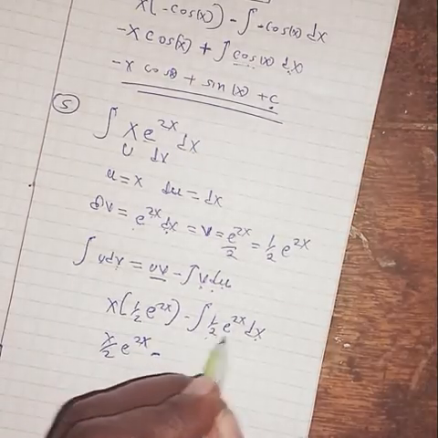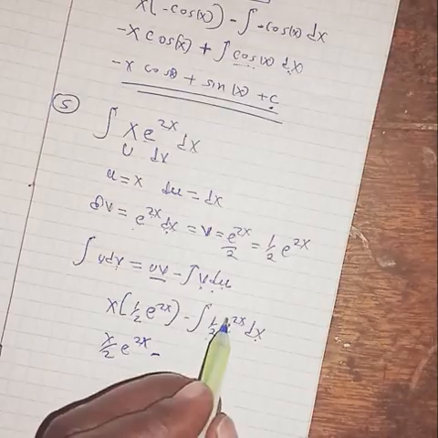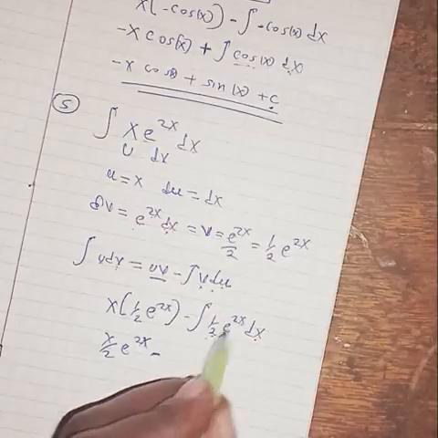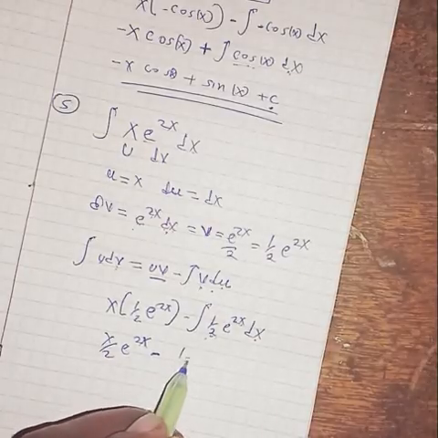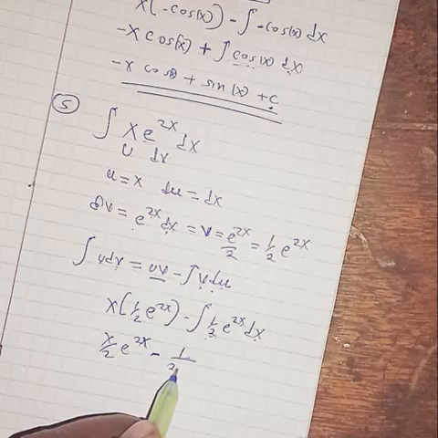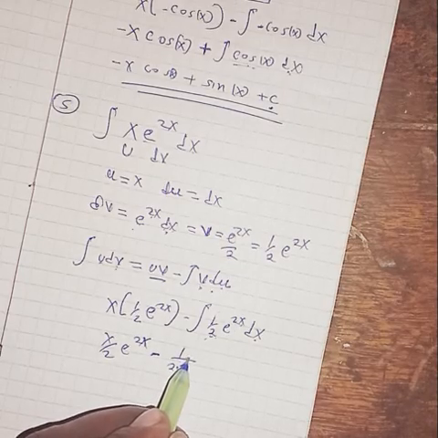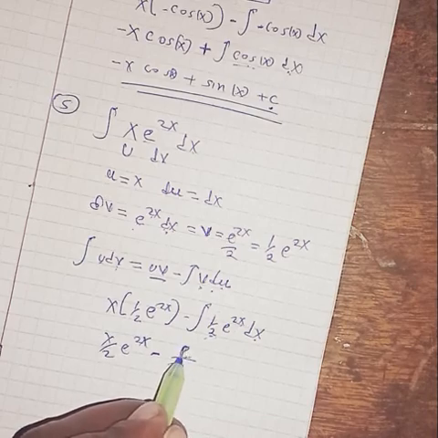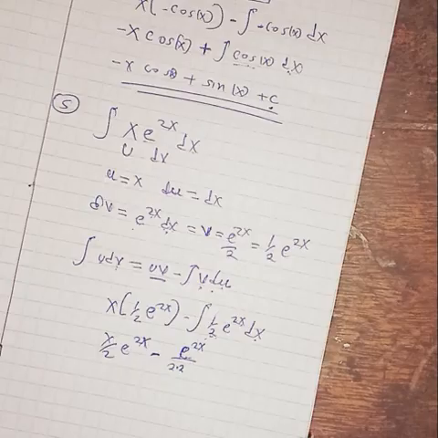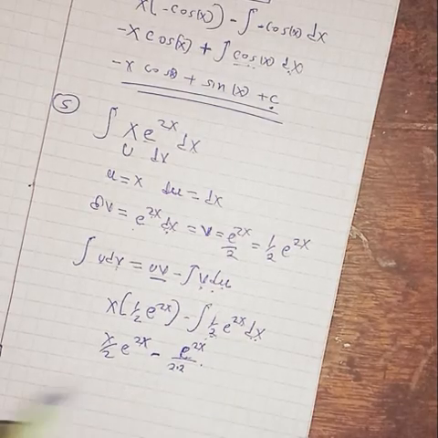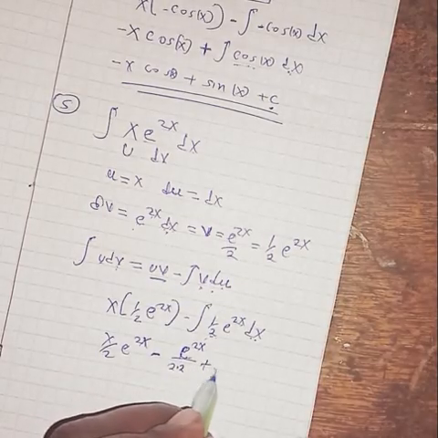So you come to integrate this one. What do I tell you? You continue integrating. You bring that 2 to there, so it will be 1 over 2 times 2 because there is another 2, and then you say e raised to x, just like that. So when you integrate this one, it is 1 times 1, it is finished, plus that c.